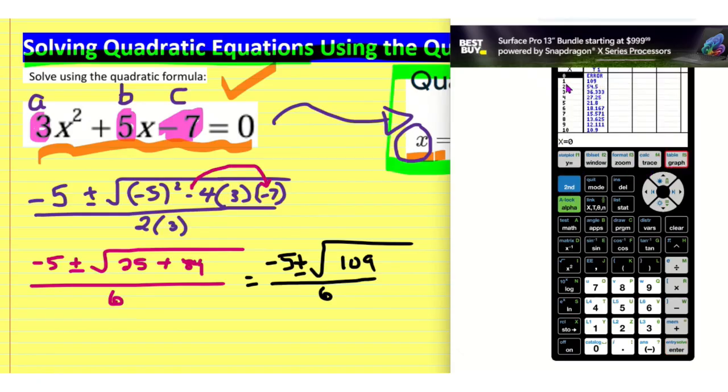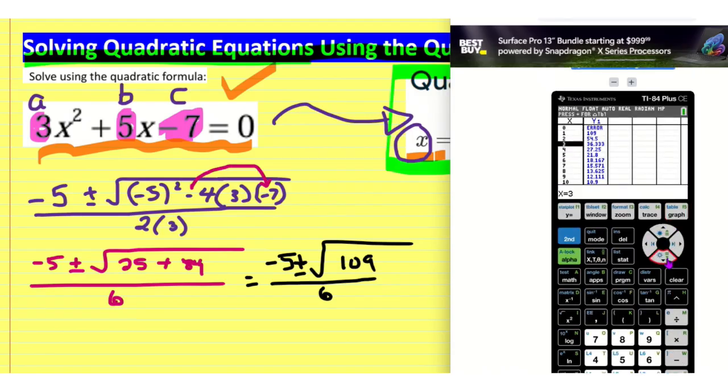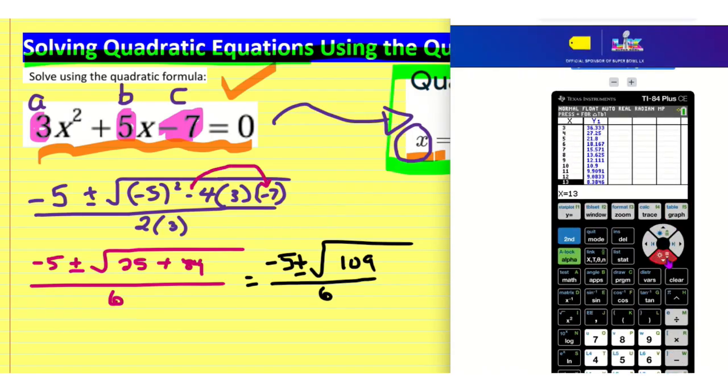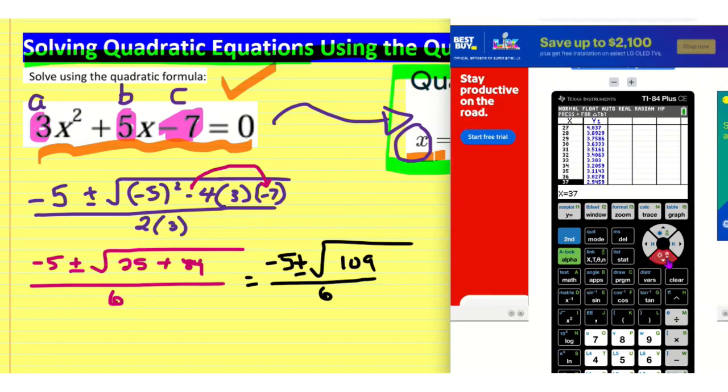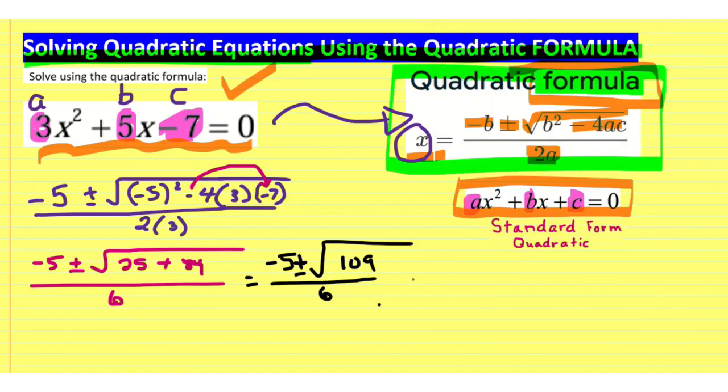And anywhere I see nice, neat numbers, that is going to be a nice, neat pair of factors. So I've got 1 times 109, of course. And any other nice, neat numbers? I do not see any nice, neat numbers, which means that there are no factors of 109. So that means we're just going to leave it as is.